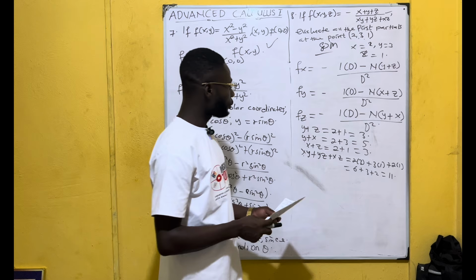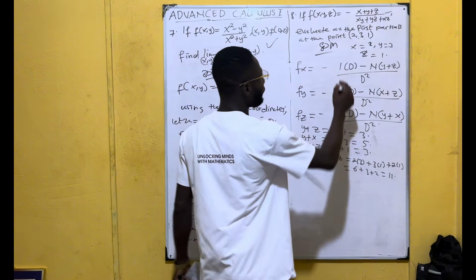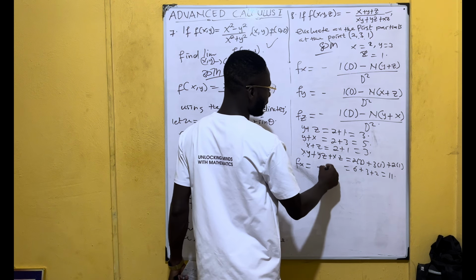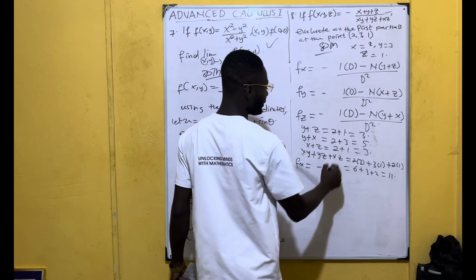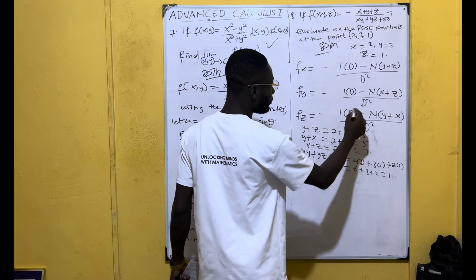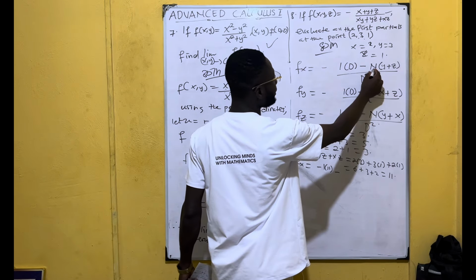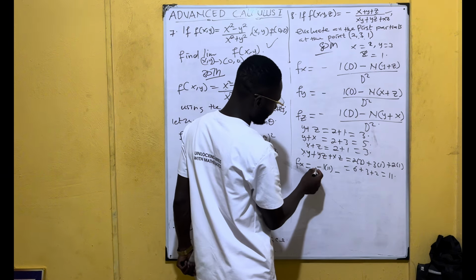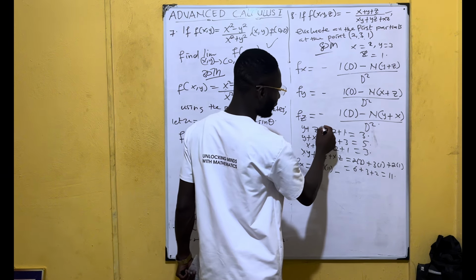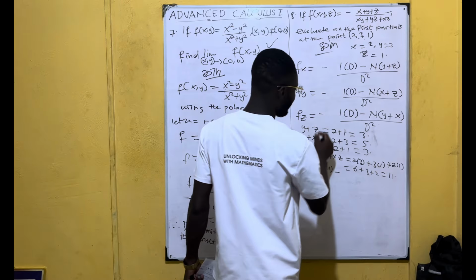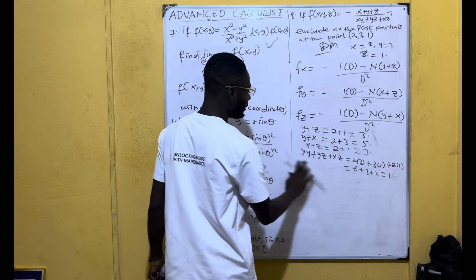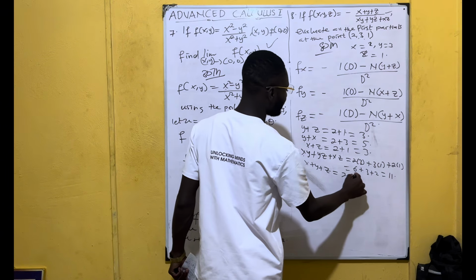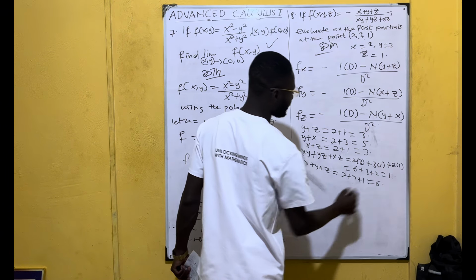So we are going to have here Fx, we are going to have negative 1 into the denominator, which is 11, minus the numerator, which is x plus y plus z. We didn't calculate that, so x plus y plus z will be equal to 2 plus 3 plus 1, and that is 6.